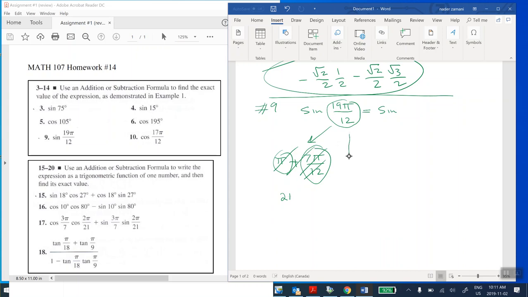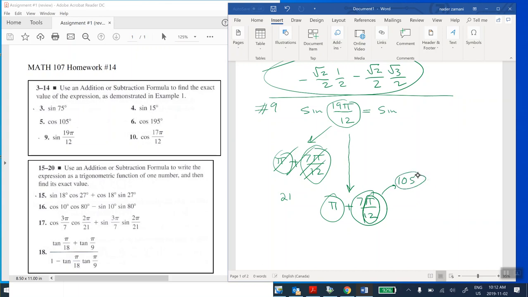Well, it's easier for me to look at this as degrees. So let's think about this for a second: pi plus 7 pi over 12. Now this one in degrees, pi over 12 is 15. 7 times 15 is 105.